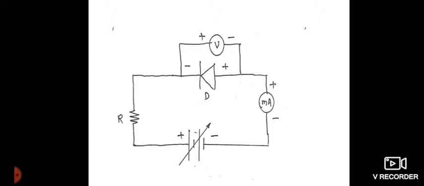The holes, which are the majority carriers in the p type material, are attracted towards the negative of the battery and will try to move in the opposite direction, that is, away from the junction. So, as the reverse voltage is increased across the diode, the electrons and holes in the n type and p type will try to move away from the junction.